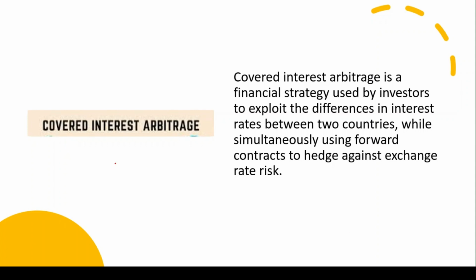In contrast, there is UIRP, which is uncovered interest rate parity. It does not involve the use of a forward contract to hedge against the exchange rate risk. Covered interest arbitrage is the focus of this session.